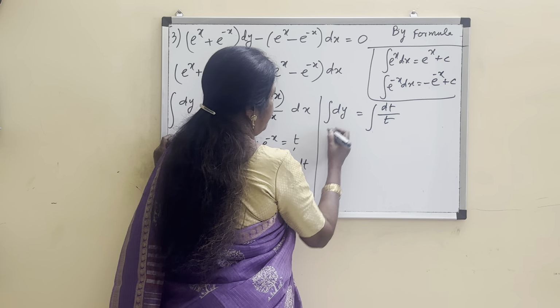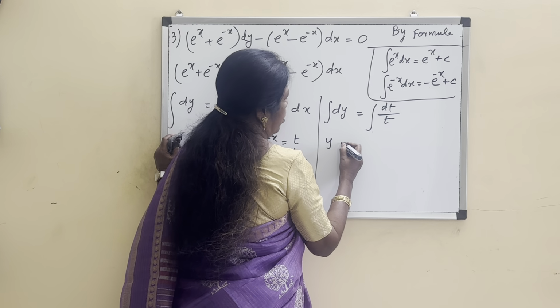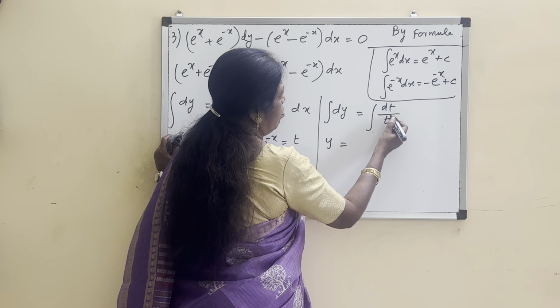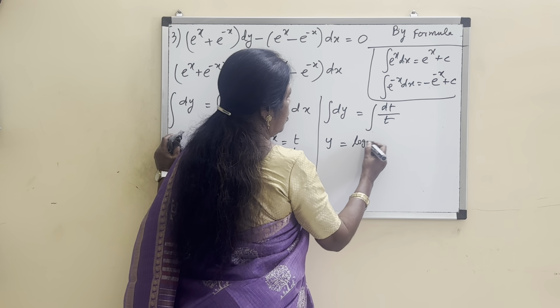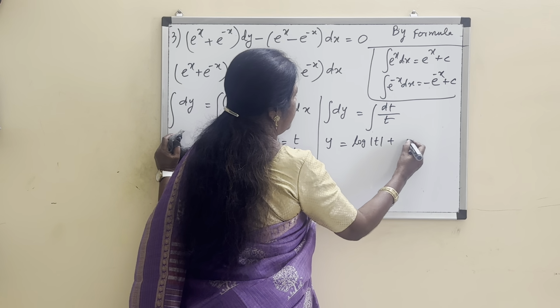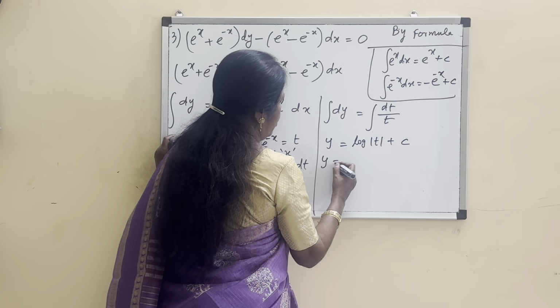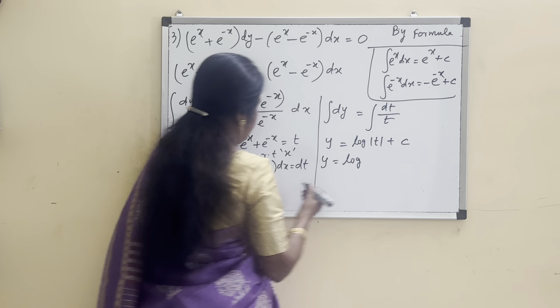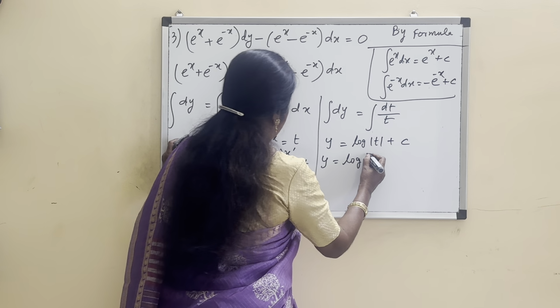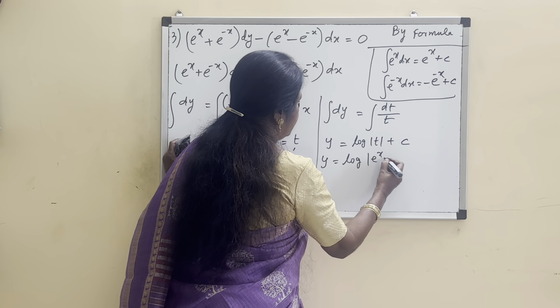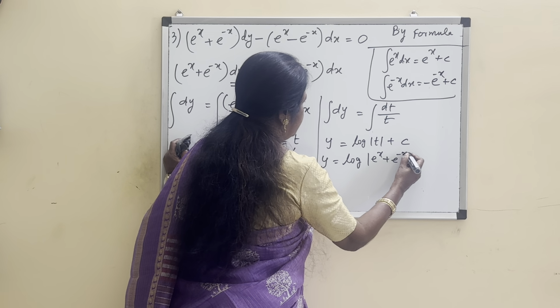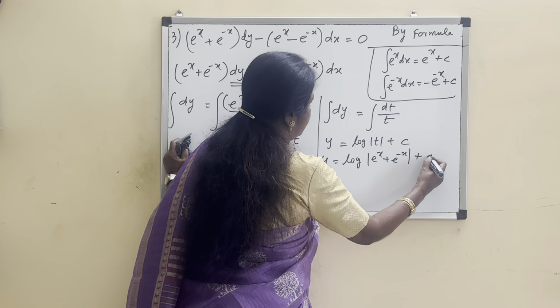So integration of dy is y, equal to integration of 1 by t dt, which is log of modulus of t plus c. So y equals log of t, which is nothing but e power x plus e power minus x plus c.